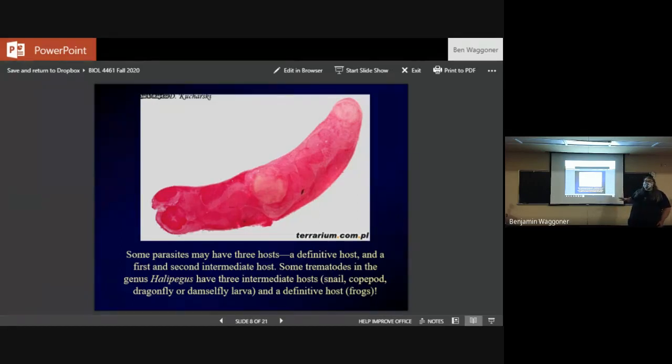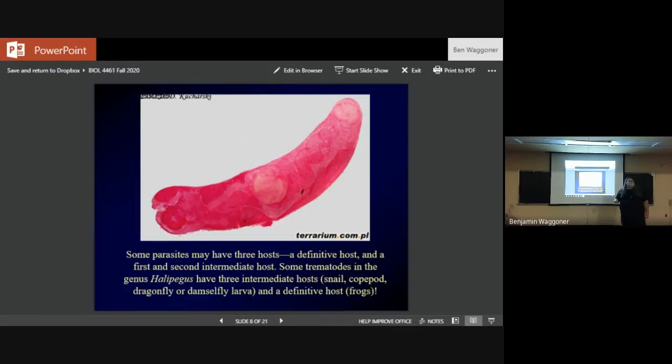It's a flatworm of a group called the trematodes, aka the flukes. And its definitive host happens to be frogs. Eggs pass out of the frog in feces. The eggs hatch into larvae that parasitize snails. A different type of larva bursts out of the snails and parasitizes a copepod.